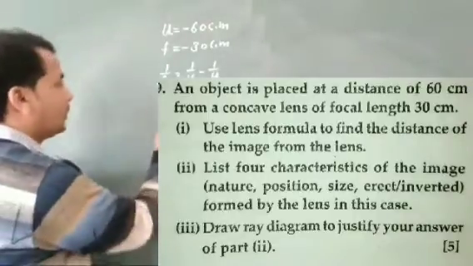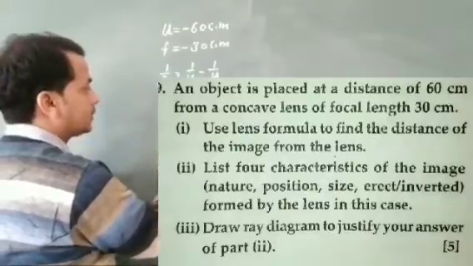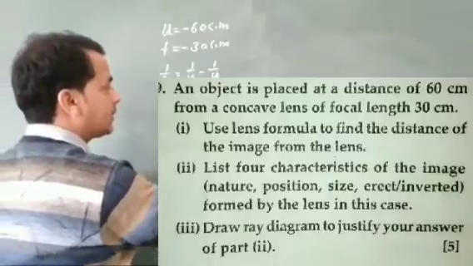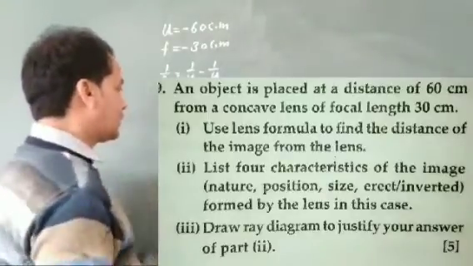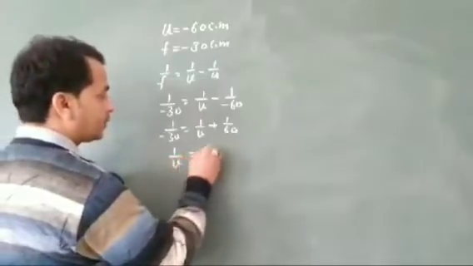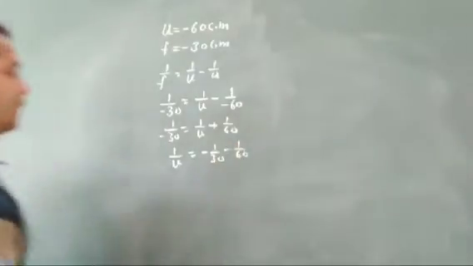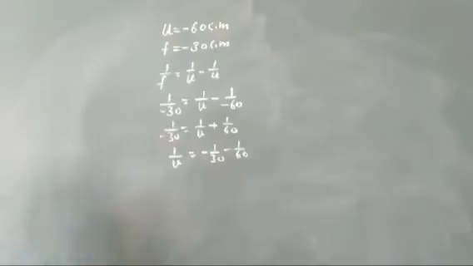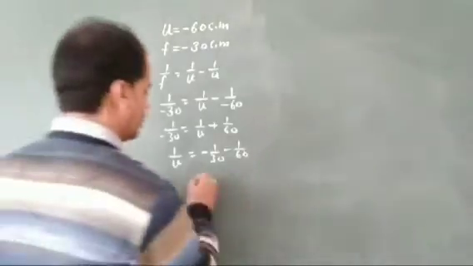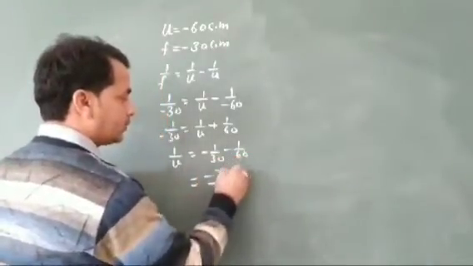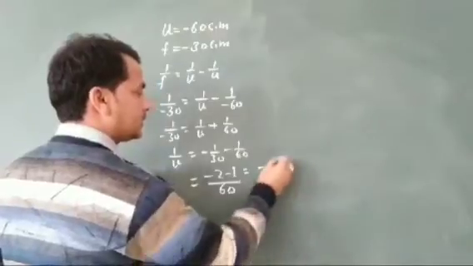Then 1/(-30) = 1/v, and minus into minus is plus, that is 1/60. Transposing 1/60, 1/v = -1/30 - 1/60. The LCM of 30 and 60 is 60, and minus 2 minus 1 is minus 3 by 60.